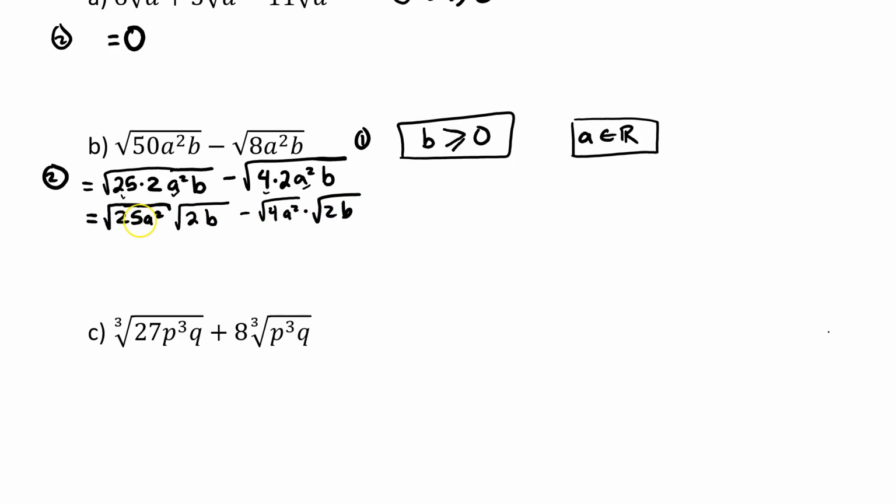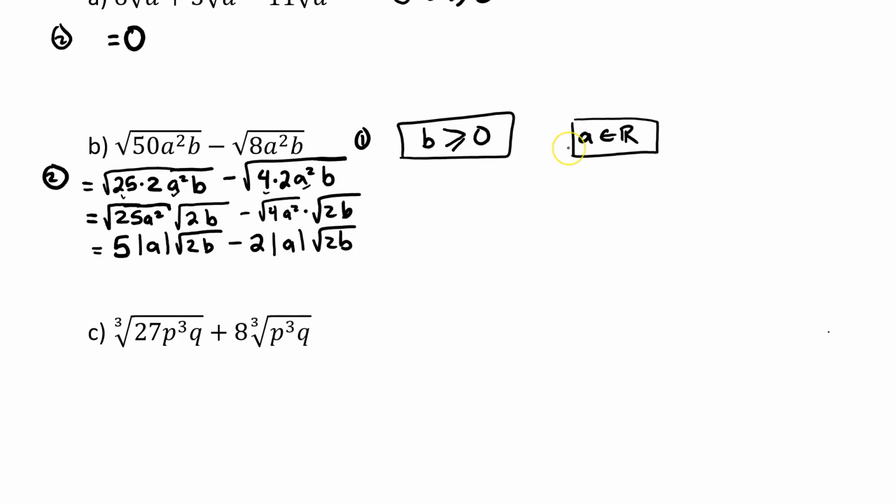So let's figure out what we can do with this coefficient. So we're saying, okay, the square root of 25 is 5. The square root of a squared is the absolute value of a, times root of 2b, minus 2 times the absolute value of a times root 2b.